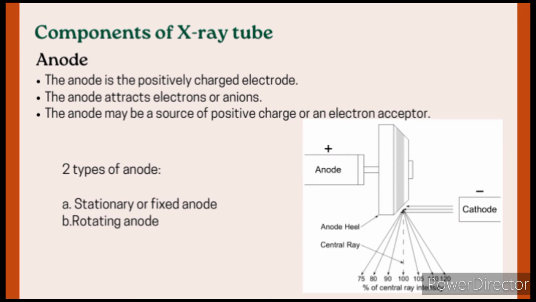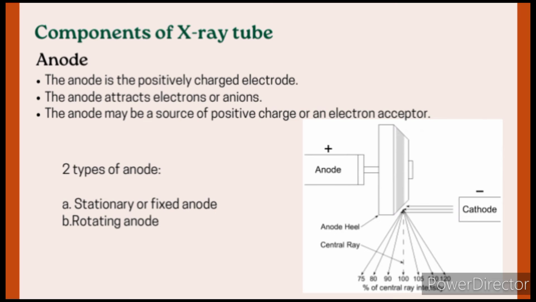Anode. The anode is a positively charged electrode. The anode attracts electrons or ions. The anode may be a source of positive charge or an electron acceptor. We have two types of anode: the stationary or fixed anode and rotating anode.